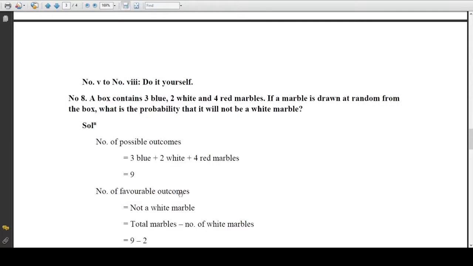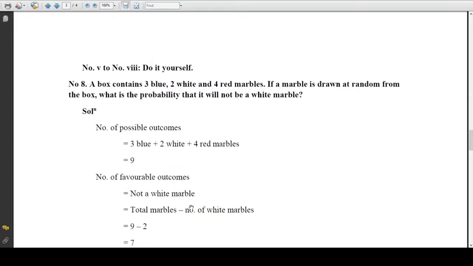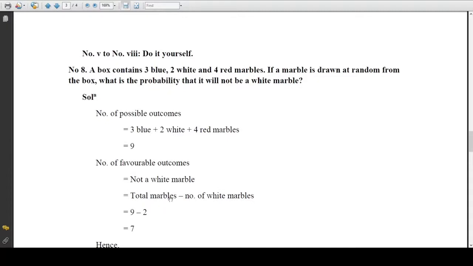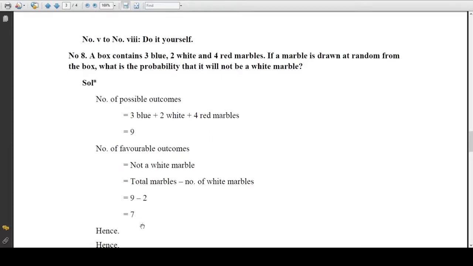The number of favorable outcomes, that is not a white marble: from the total marbles, if you minus the white marbles, there are 2 whites, that is 9 minus 2, which is 7. Therefore the probability is 7 by 9.